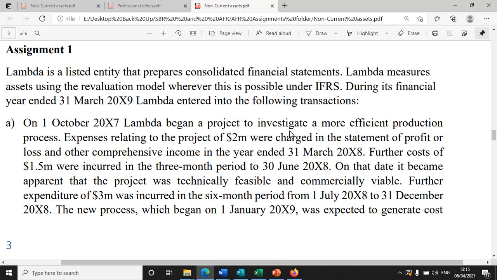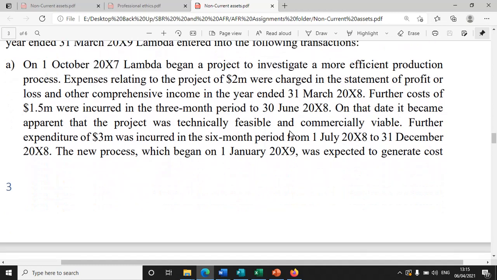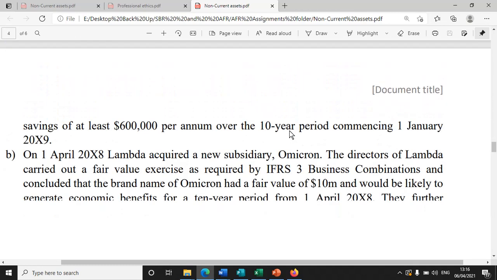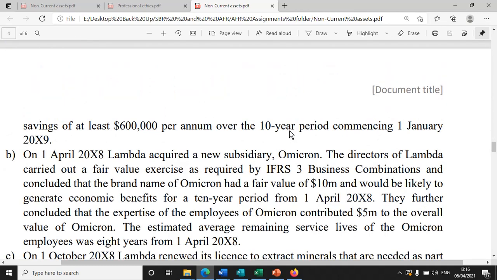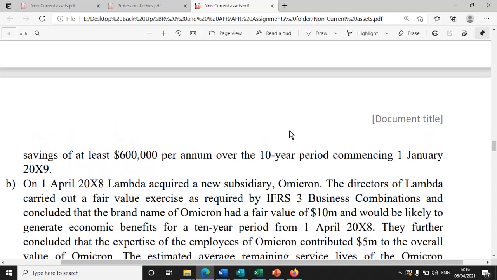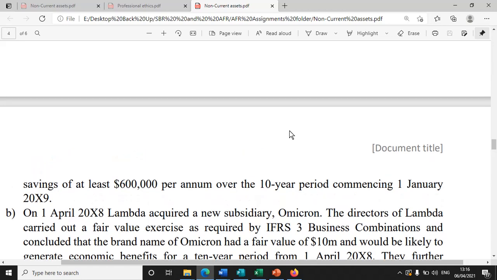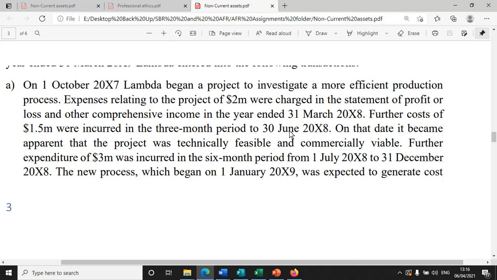The new process, which began on 1st January 20X9, was expected to generate cost savings of about 600,000 per annum over a 10-year period commencing on 1st January 20X9.